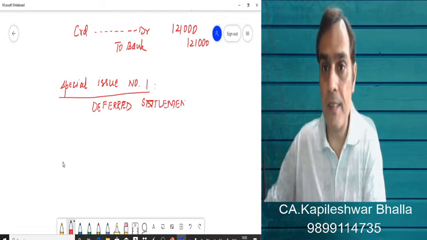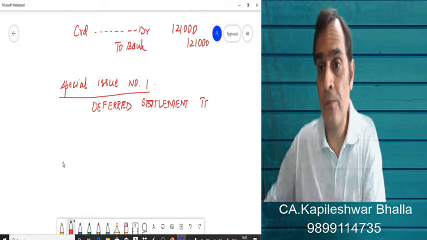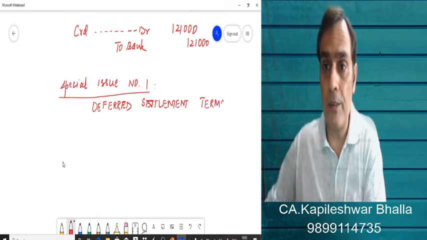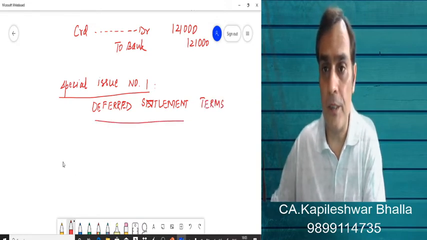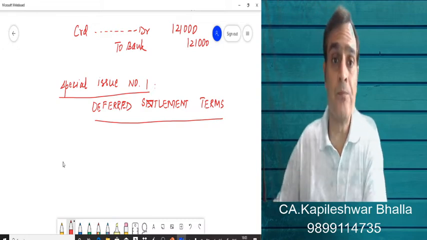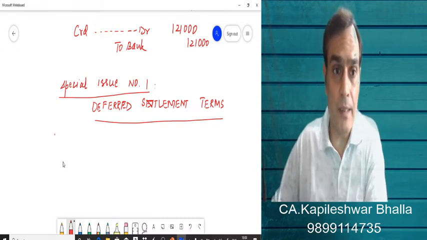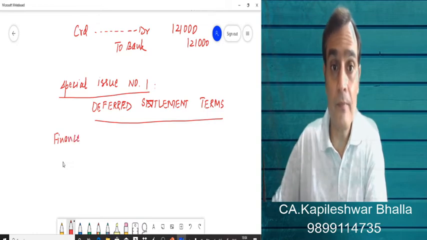What we need to remember in terms of the deferred settlement terms is something very simple: first of all, we need to get the finance charge. And what is that finance charge?